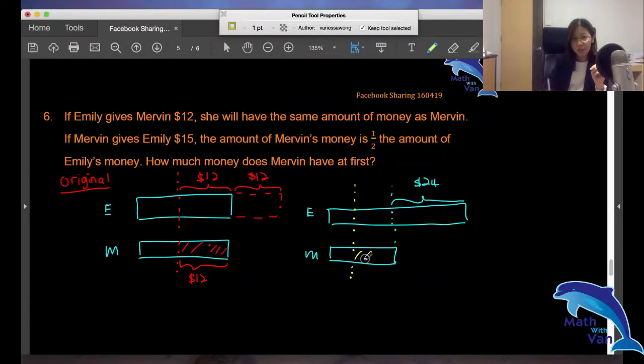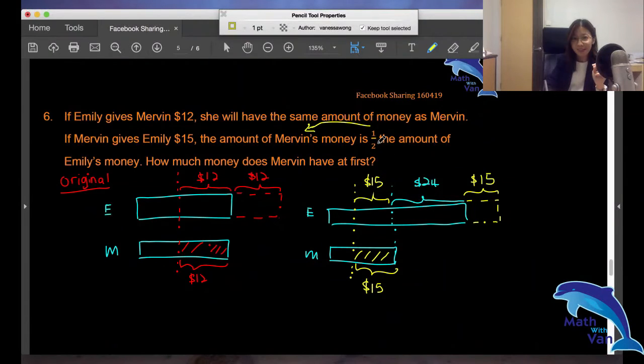I can add on the changes in the second scenario, which is Mervyn gives $15 to Emily. All right. And now Mervyn's money is half.